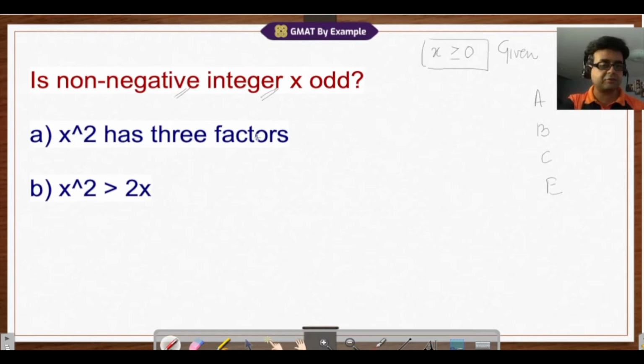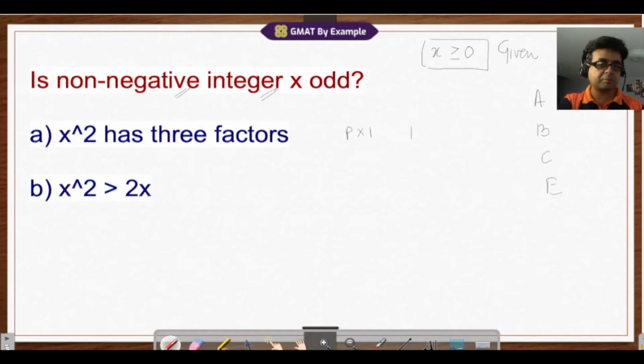X square has 3 factors. So when you square x, you get 3 factors. Now, you may be familiar with this or you may not be. However, there is a property: if you have a prime number, the square of the prime number will always have 3 factors. And the reason is a prime number has only 2 factors, right? So the prime number itself and 1.